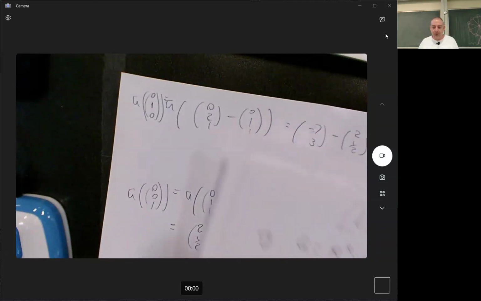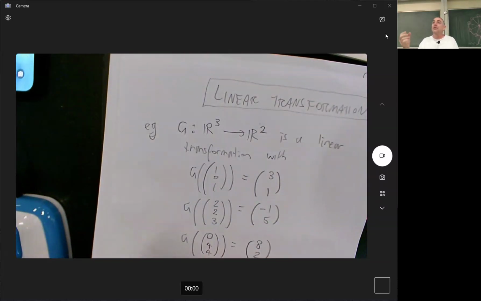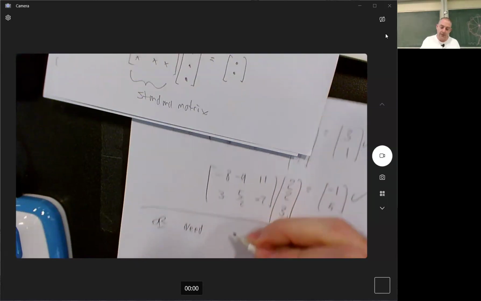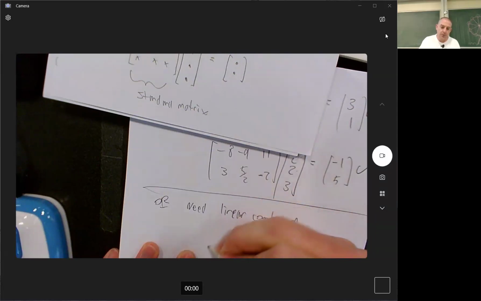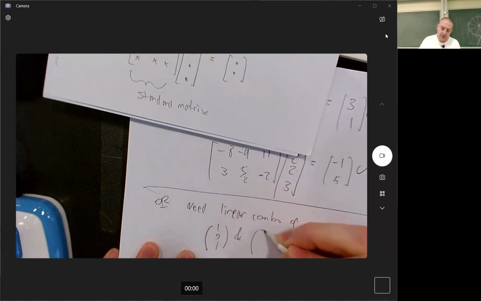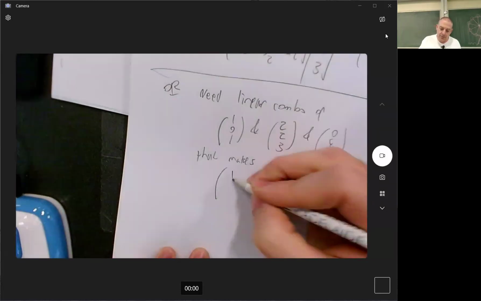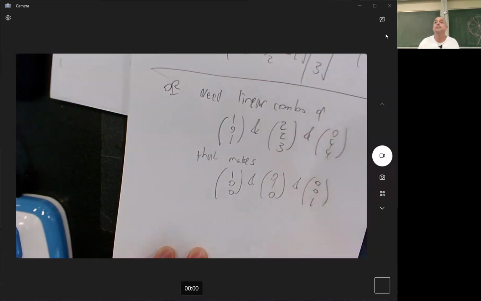What you're aiming for is a linear combination of 1, 0, 1 and 2, 2, 3 and 0, 4, 4 that makes 1, 0, 0 and 0, 1, 0 and 0, 0, 1.